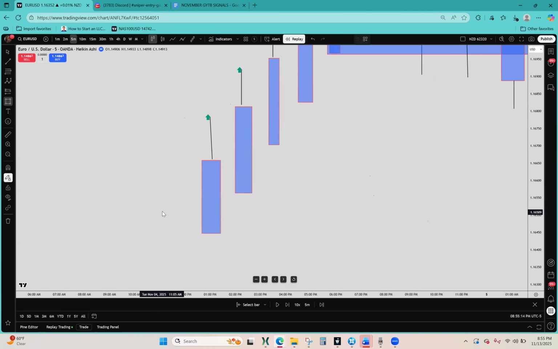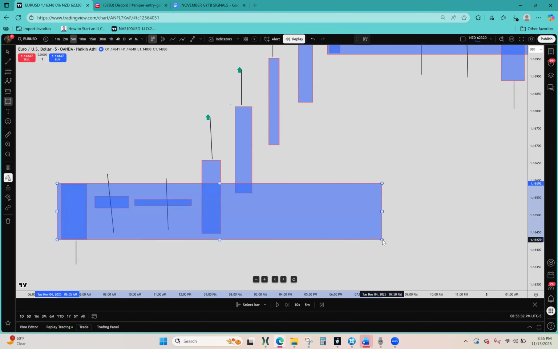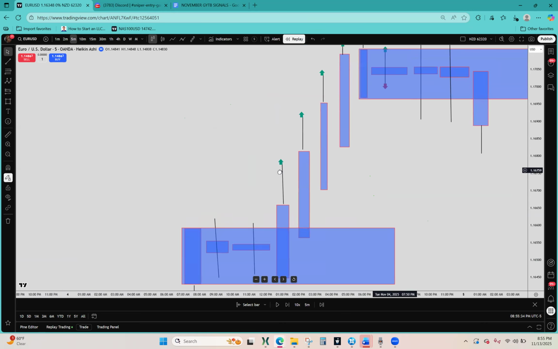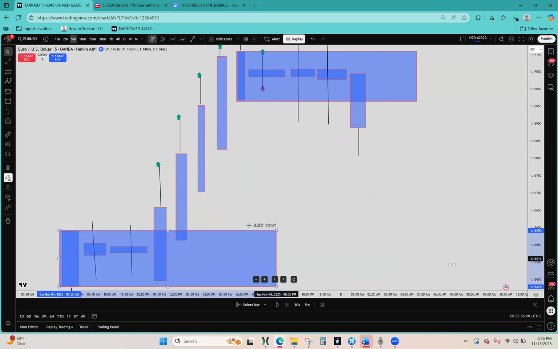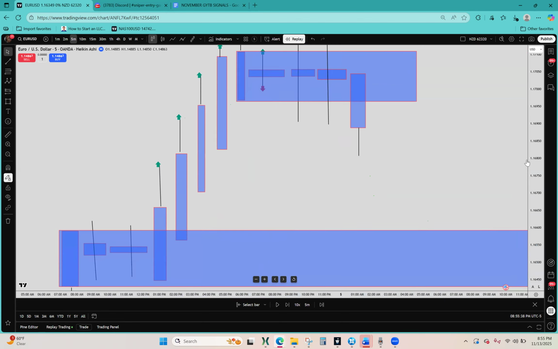Well, typically, before this happened, there was a trap down here, right? There was a trap down here, right? And this master candle is how we find our base. That master candle that controlled the trap is the base, right?